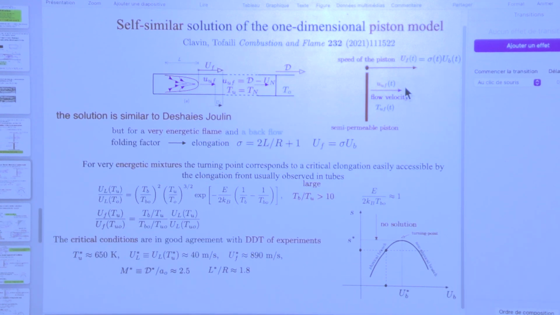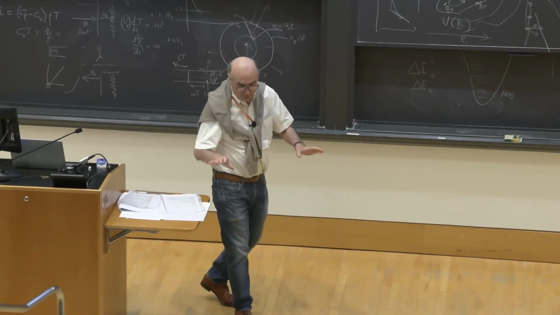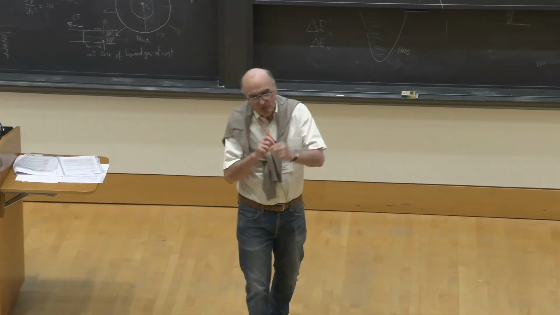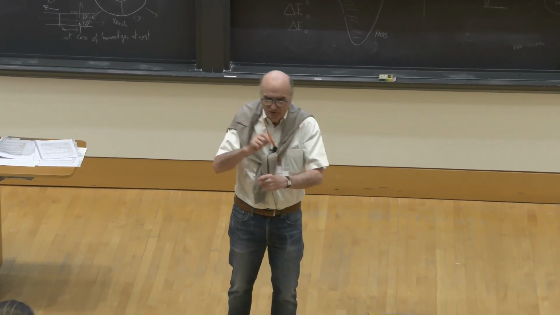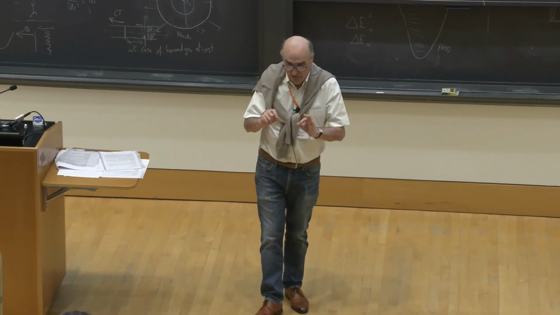The difference is the laminar flame speed relative to the cold mixture. To understand that, you have to think a little bit by yourself, quietly, because this problem of the velocity relative to what reference frame is not trivial.